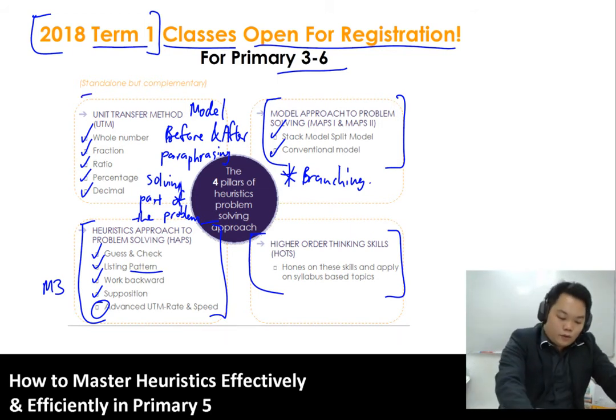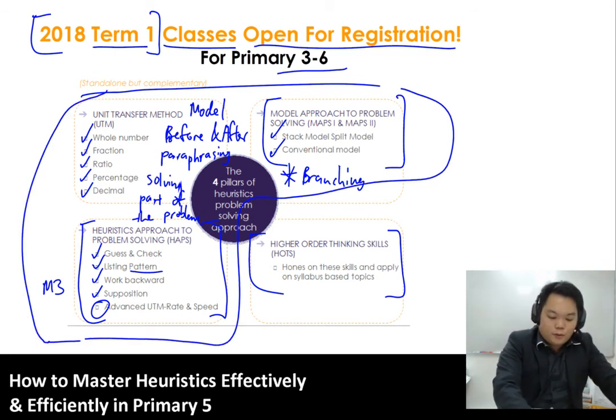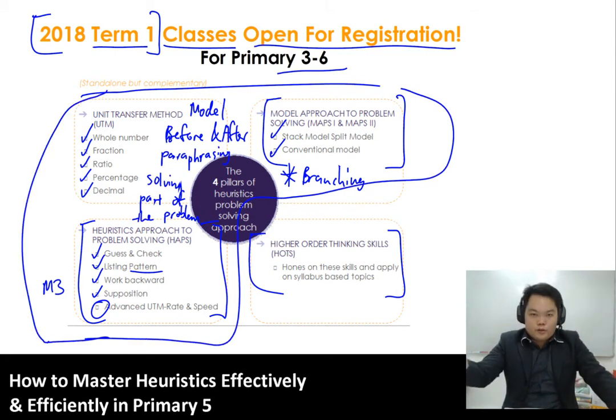Then on higher order thinking skills, once your child has been exposed to the 11 heuristics from the first 3 modules, you'll be wondering which is the best heuristic to use for this type of problem. My stand is that the best approach is the one that the student is the most comfortable with. He can execute it consistently and get it correct.